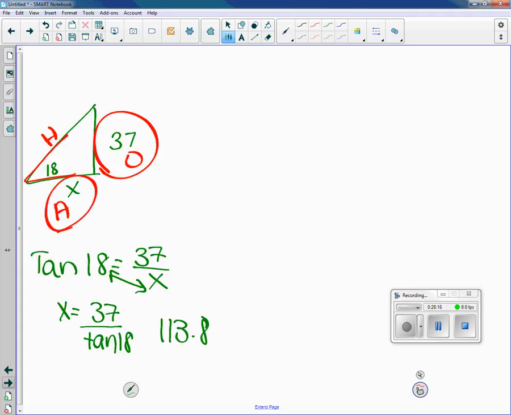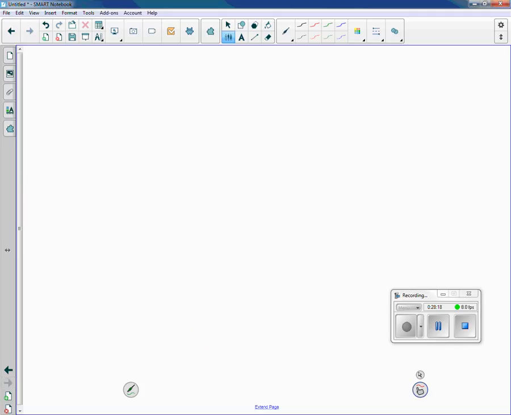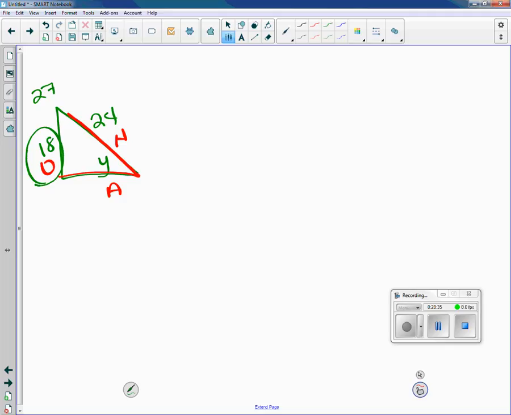Next one. That was 25, 26, 27. Those of y'all who have 27, here it is. H, A, O. Values for O and H. So it's going to be sine of I don't know is equal to 18 over 24.